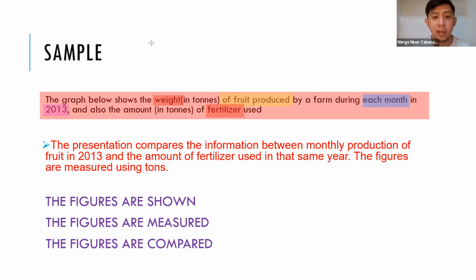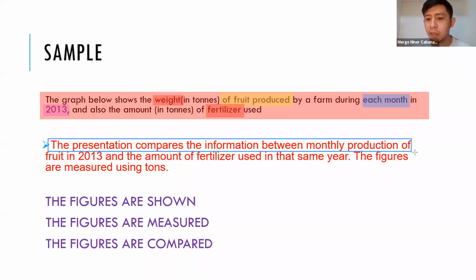I will denote this in color blue. So the presentation compares the information between the monthly production of fruit in 2013, and the amount of fertilizer used in the same year. The figures are measured using tons.